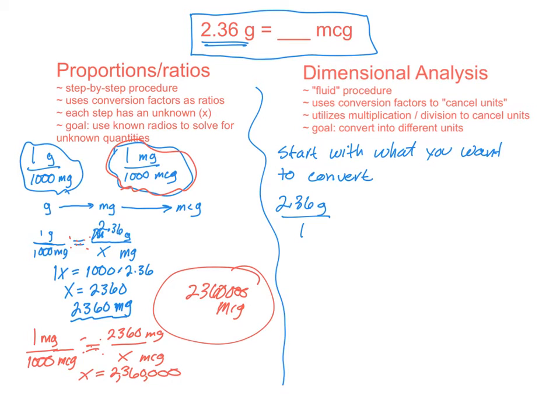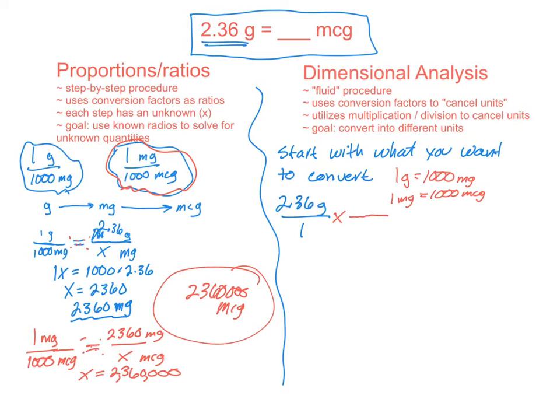I know that 1 gram is equal to 1,000 milligrams, and I know that 1 milligram is equal to 1,000 micrograms. So I'm still using these known quantities, these known relationships here. But I'm specifically, and my goal here is to use multiplication.